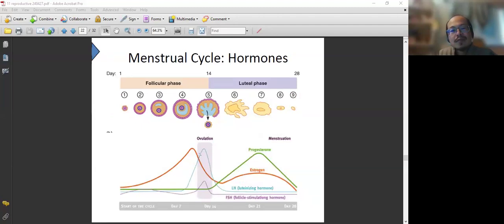You need to know that, because the LH surge is an important trigger that pushes the oocyte to leave home and head into the fallopian tube. The LH surge is an important hormonal trigger that causes it.